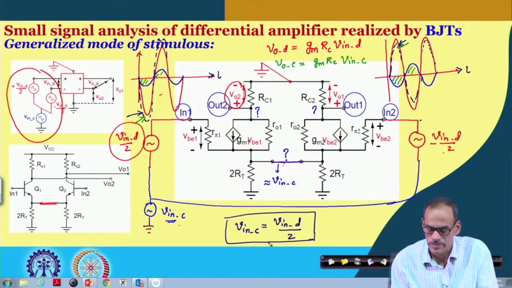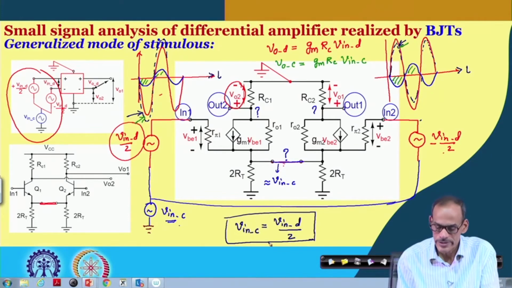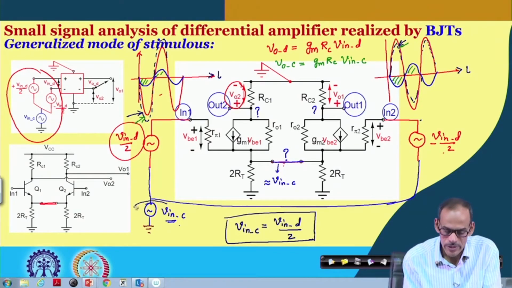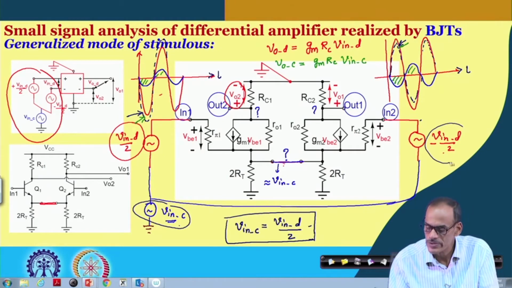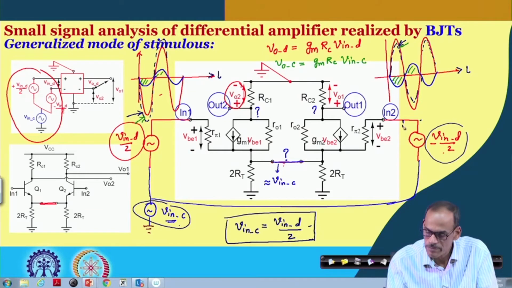So, what happens? In this case, this part is V in D by 2 and then we have minus V in D by 2. Together that gives us a 0 signal here.